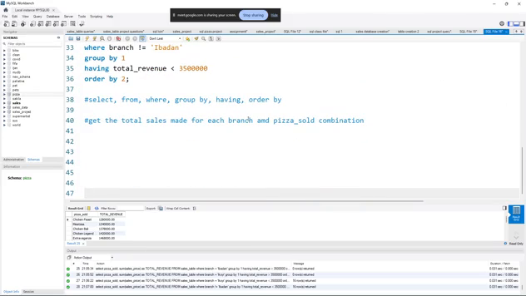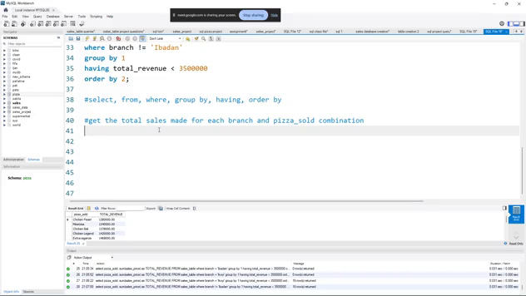Our next question. They asked us to get the total sales made for each branch and pizza sold combination. Now it is different. What I want to know is that Ibadan has hot pepperoni, Bagada has hot pepperoni, Ikoyi has hot pepperoni.